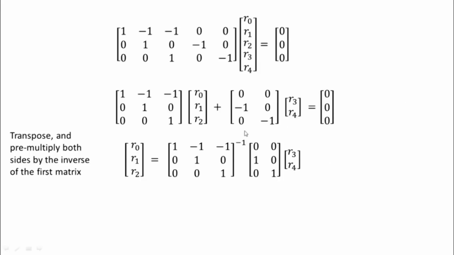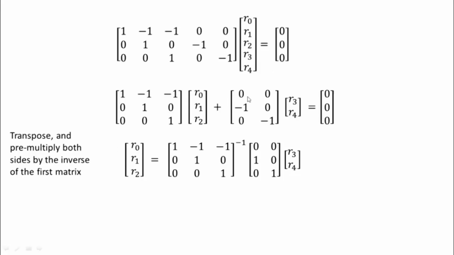We have transposed this equation, and therefore all the minus 1s have become 1s, the zeros remain the same. So this equals this, that's our first step. And then we have pre-multiplied it with the inverse of this matrix, which is this. So I inverse is a unity matrix. We are not going to represent that.